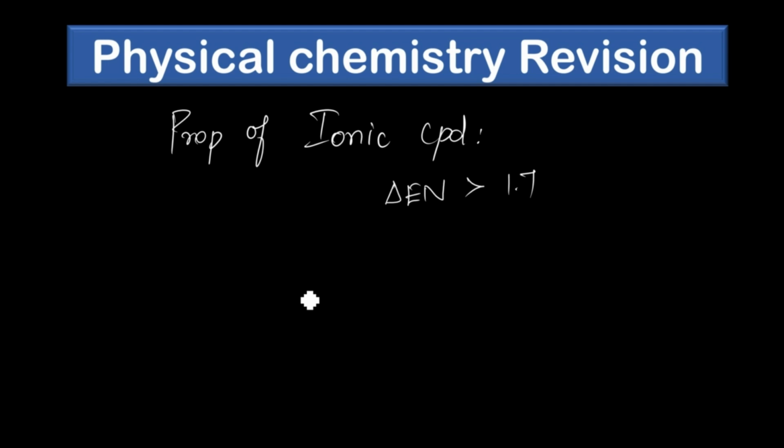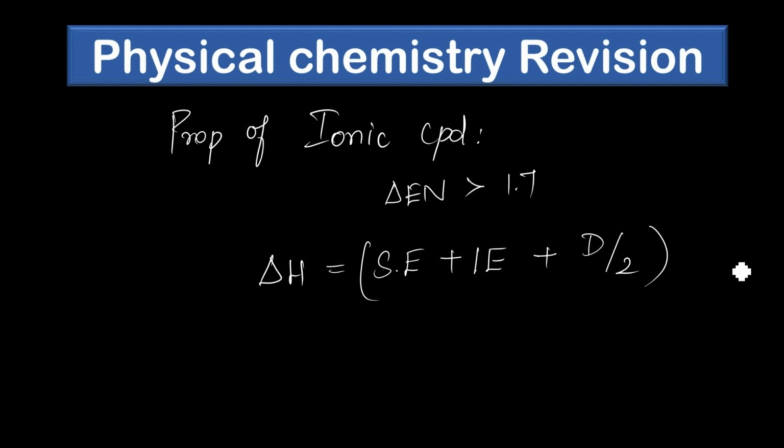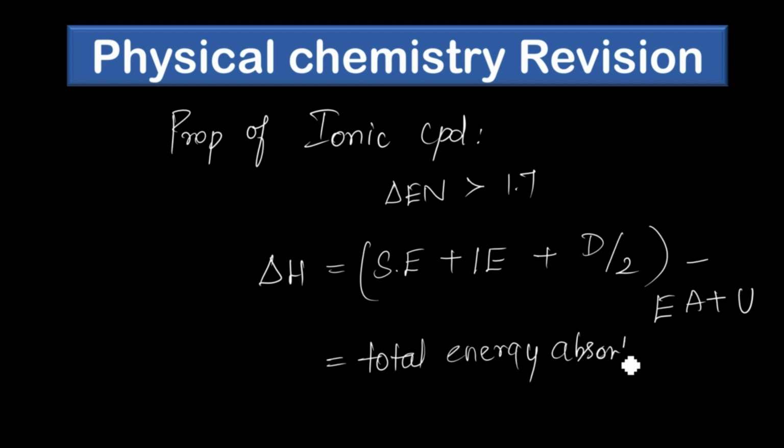Okay, so what are the energies involved in bond formation? Delta H is equal to SE plus IE plus D by 2, minus EA plus U. So the first category is total energy absorbed minus total energy released, right?